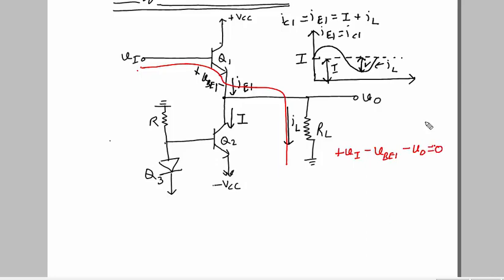Based on this we can write V naught equals VI minus VBE1. Let us call it equation number 1. Here VBE1 depends on the emitter current IE1 and thus on the load current IL.